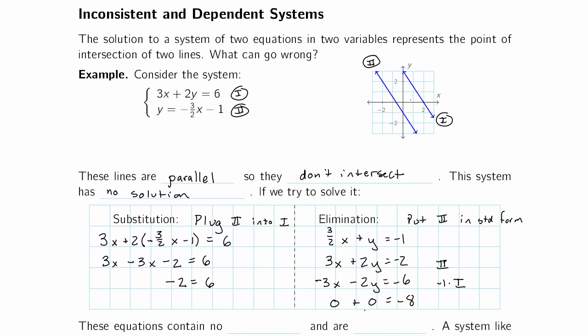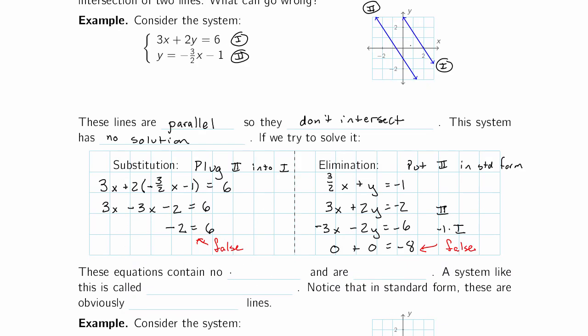Okay, so clearly something has gone wrong here, because negative 2 does not equal 6. 0 does not equal negative 8. The equations that I ended up with contain no variables, and they're false. They're false statements about numbers.